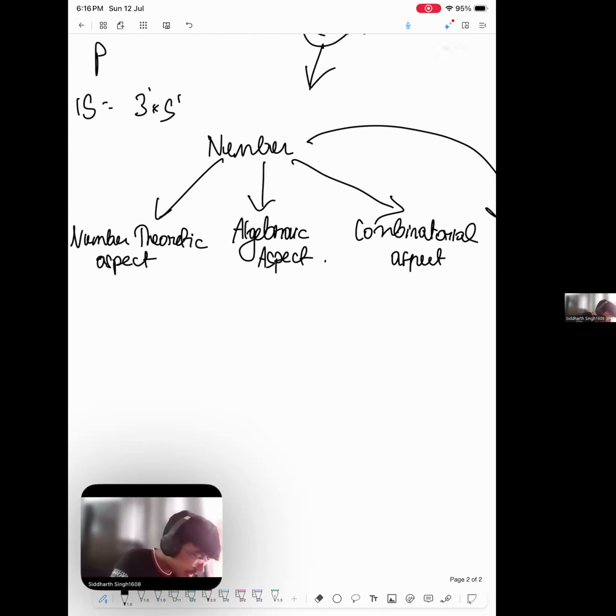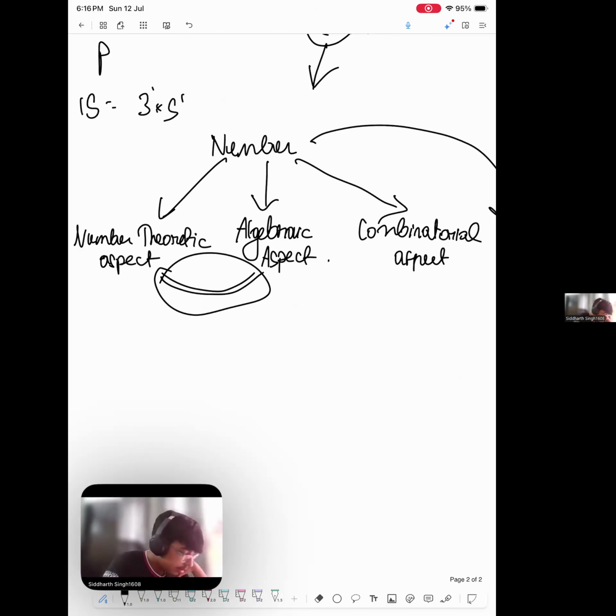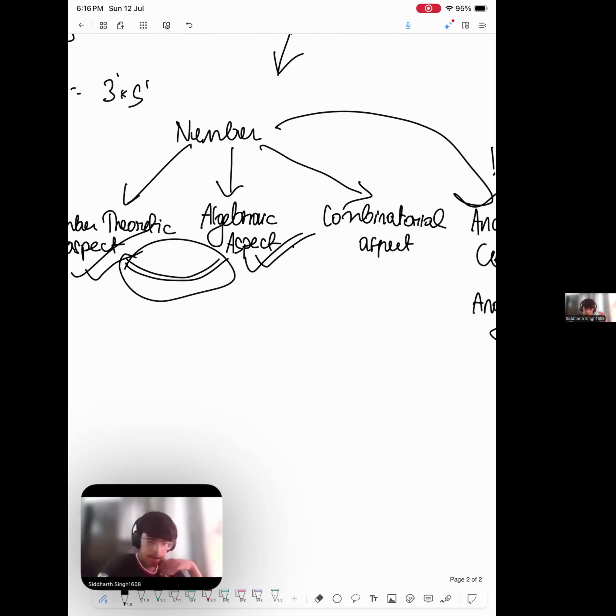So usually you juggle between these aspects. Obviously, since this is a number theory problem, you should use the number theory aspect, and then there's the algebraic aspect. There's a common saying, which me and a few other people say, that all good number theory problems are actually combinatorial problems, which is basically just saying that combinatorial aspects are very nice.